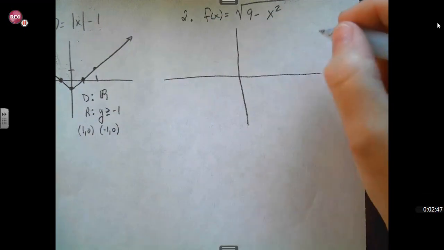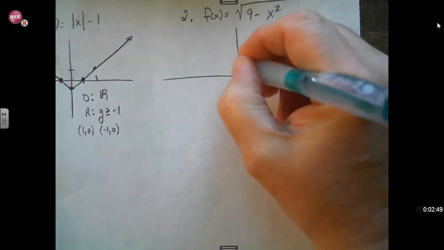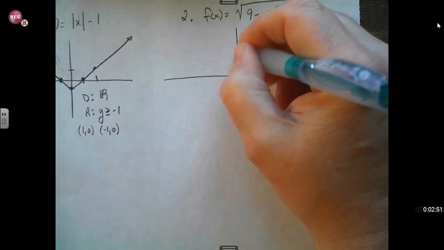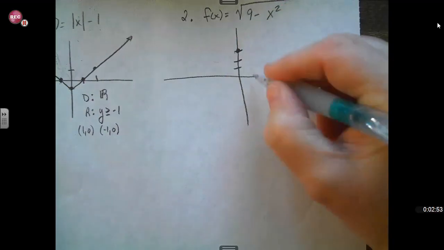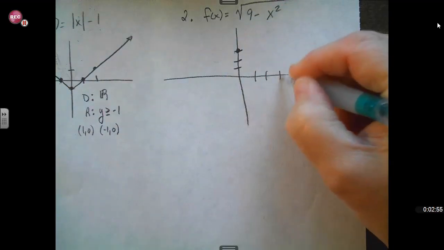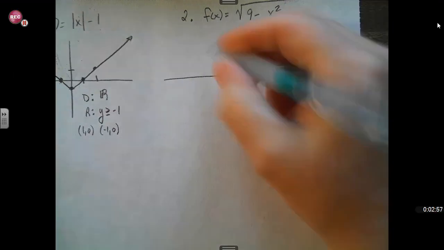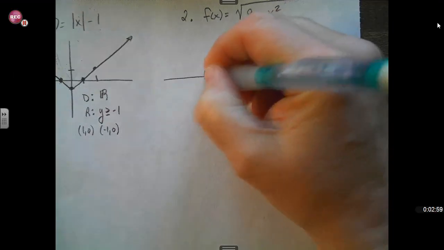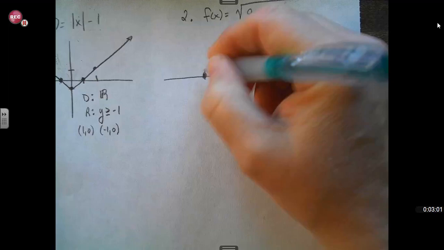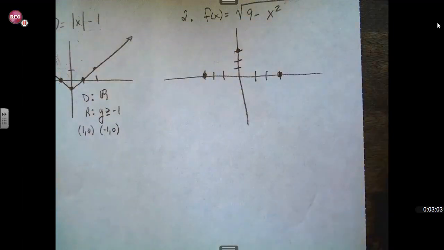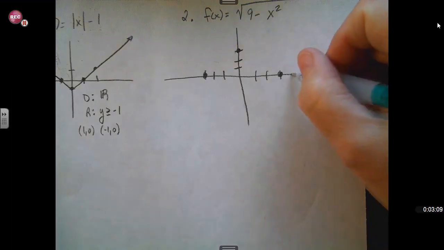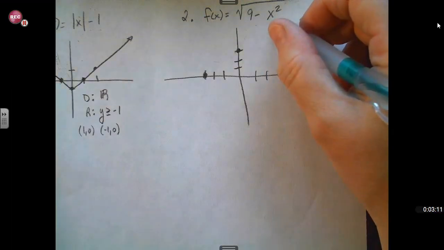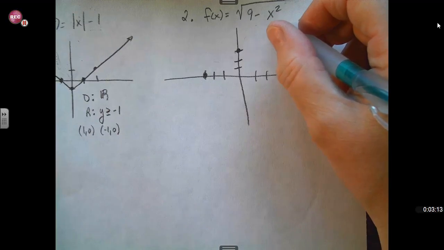If I plug in 0, I get 3. If I plug in 3, I get 0. And if I plug in -3, I get 0. Anything in between, I'm going to get decimals or fractions. If I plug in 4, I actually get 9 minus 16, which is the square root of -7. And we're not going to graph that.